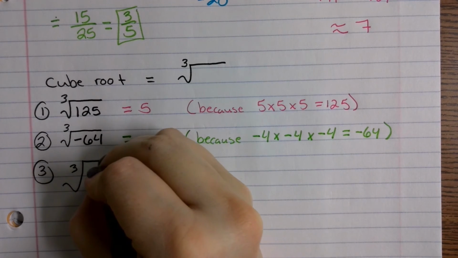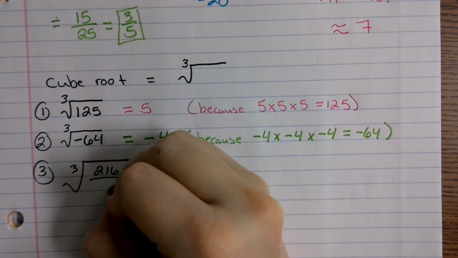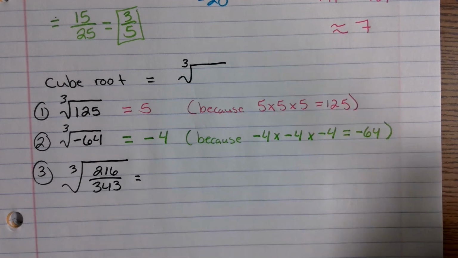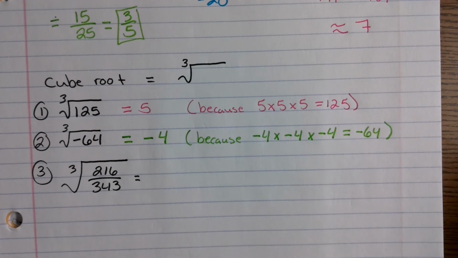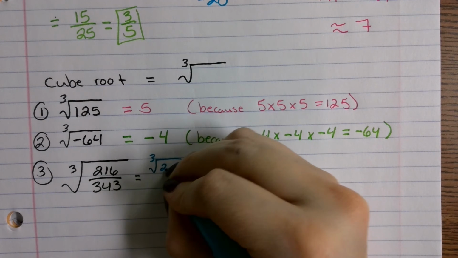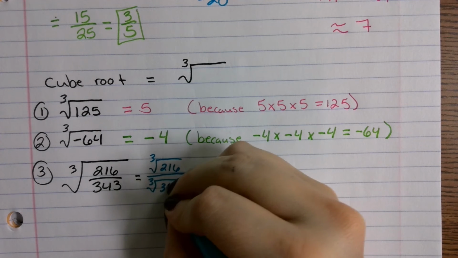And just like square roots, you can also have cubed roots of fractions. So cubed root of 216 over 343. You would just break it down into its components. That means you take the cubed root of 216 and individually take the cubed root of 343.